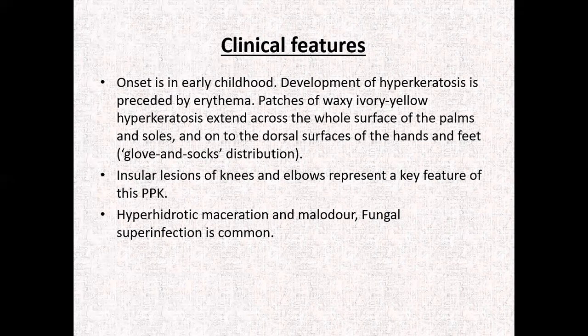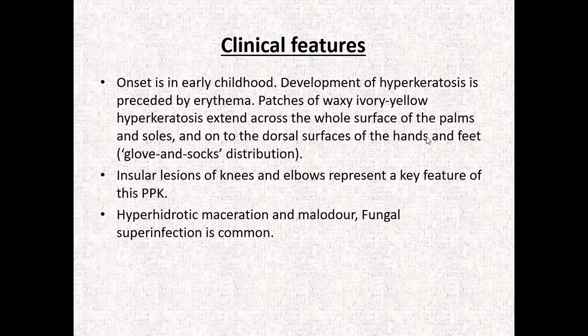Then patches of waxy ivory yellow hyperkeratosis extend over the whole surface of palm and soles, and then on the dorsal surface of hand and feet in glove and stocking distribution. Insular lesions, that is focal lesions on knee and elbow, are present in this form of palmoplantar keratodermas. Hyperhidrotic maceration and malodorous fungal superinfection is common.